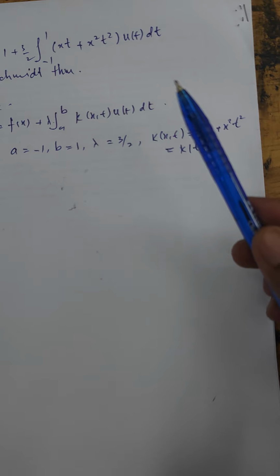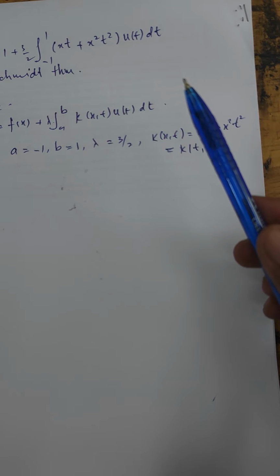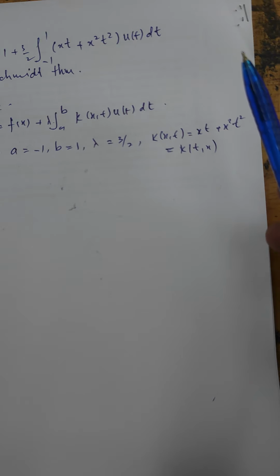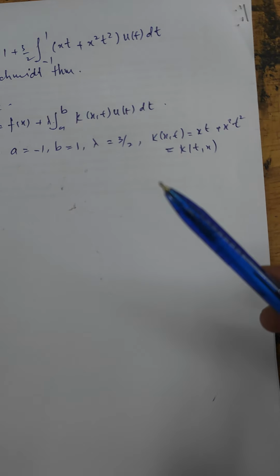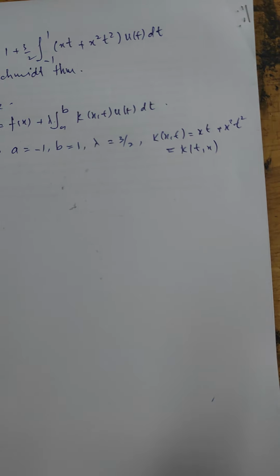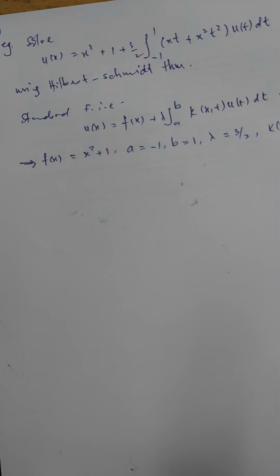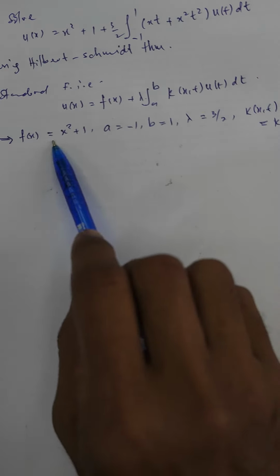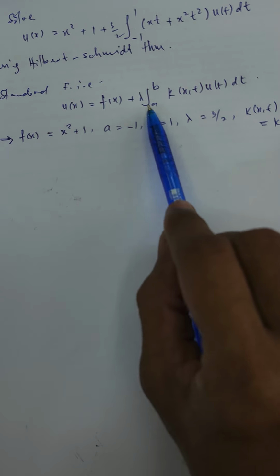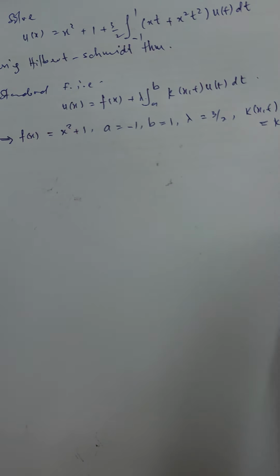Then we normalize to obtain the eigenfunctions, normalized with respect to each eigenvalue. Then we need to find f1, f2, and from there you can set up the solution. All right, so let's begin. We have f(x) equal to that, compared with the standard Fredholm integral equation, so we have all that data.